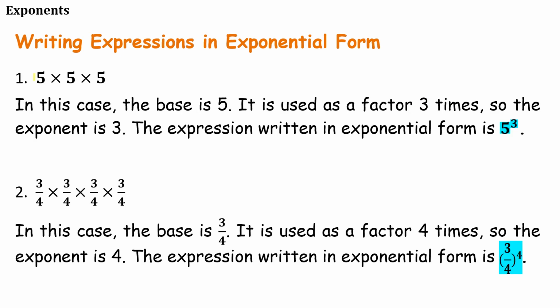So let's check out the first example. We have 5 times 5 times 5. What is our base here? Very good. The number 5 is our base. So what will be our exponent, or our power?